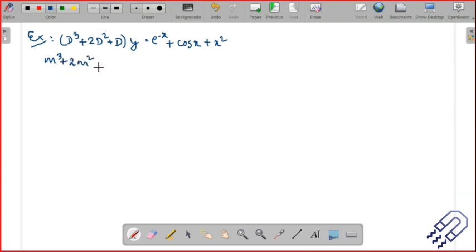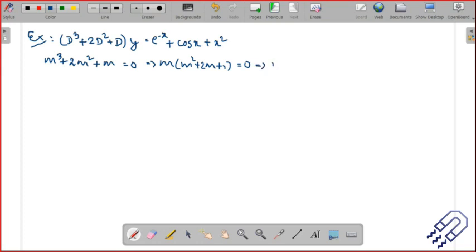And whenever you solve, solve for both, okay. Don't just solve for the particular integral, also solve for the complementary function, right? So here maybe I can take m common, and this would be m square plus 2m plus 1 is equal to 0.